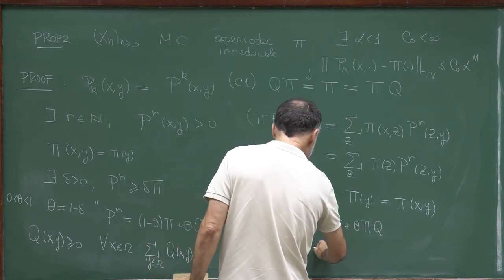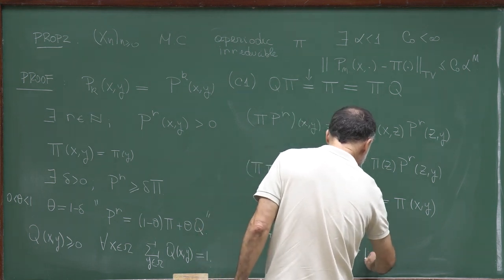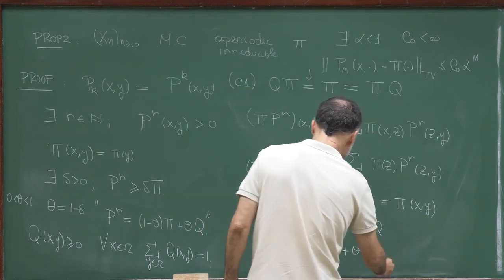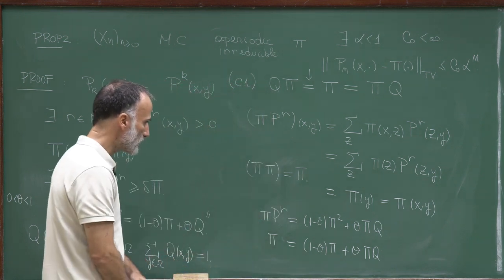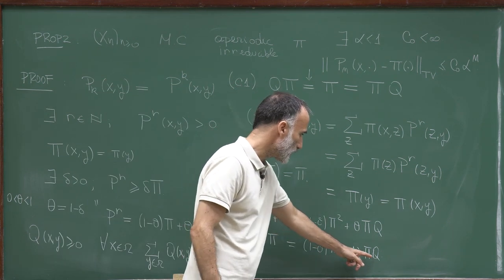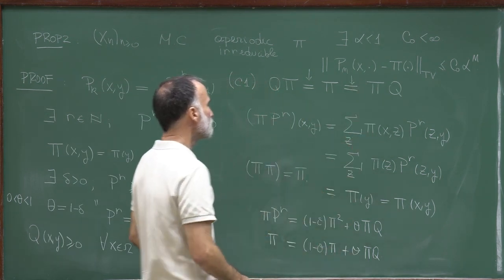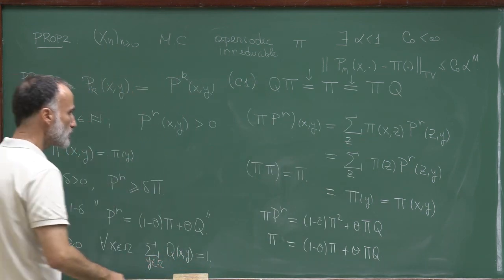This is also pi plus theta pi Q. And from this identity, you see that pi cancels with this pi, and we get therefore that pi Q is equal to pi, and this is the second identity. So we have these two identities. That's nice.